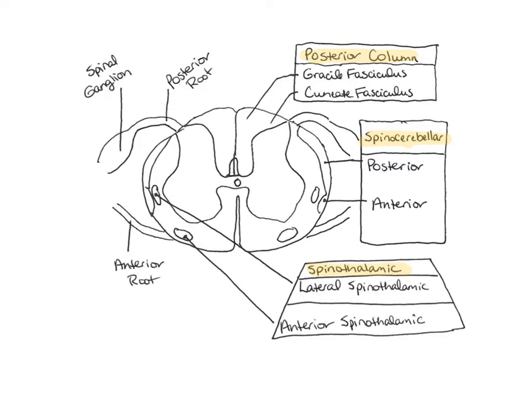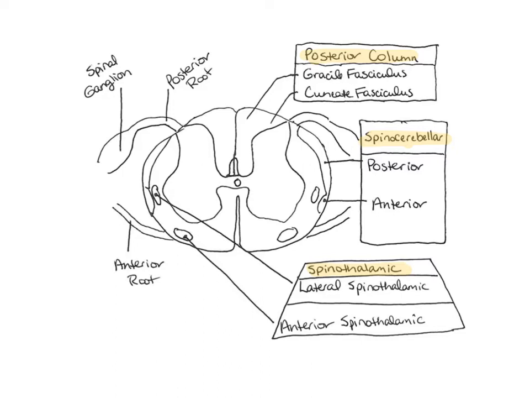So let's take a look, first of all, at the spinothalamic pathway. In the spinothalamic pathway, which is down here, this pathway is going to carry a specific modality. Okay? The spinothalamic is divided into a lateral and an anterior spinothalamic.